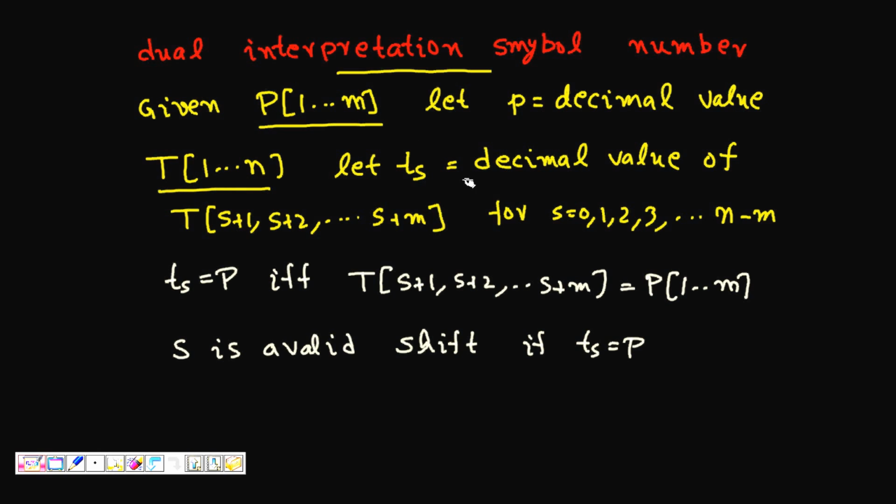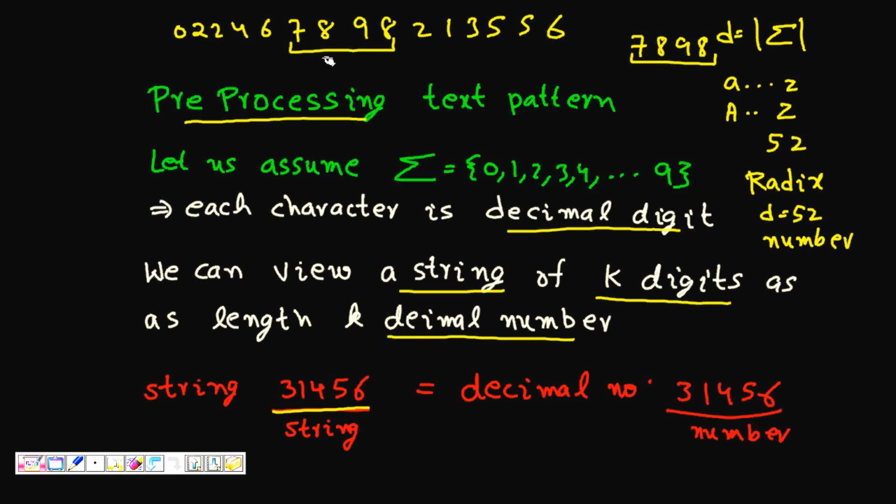Now we will again take a window. For example, if we have to search for the pattern 7898 in this text, we will again begin with a window of size 4. It comes here, so 0224 we now take as a number. 0224 is not equal to 7898. We will go to the next window. 2246 is not equal to 7898.